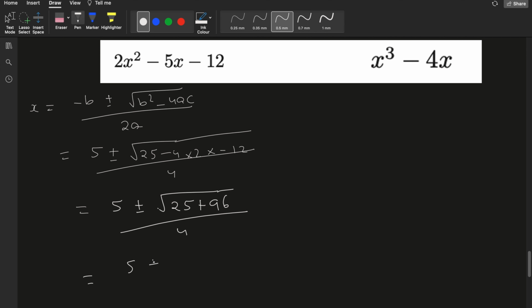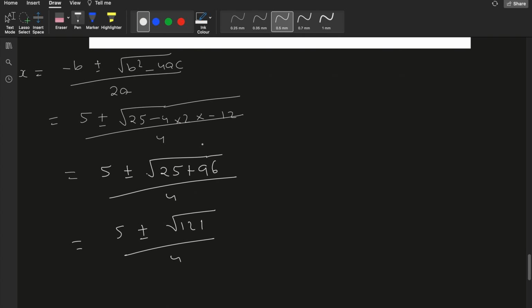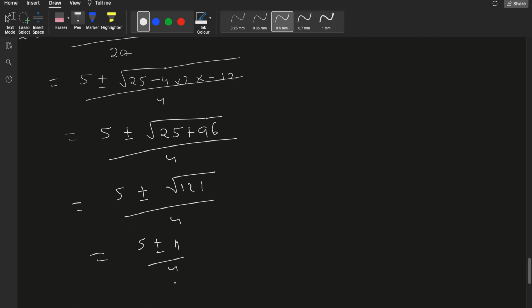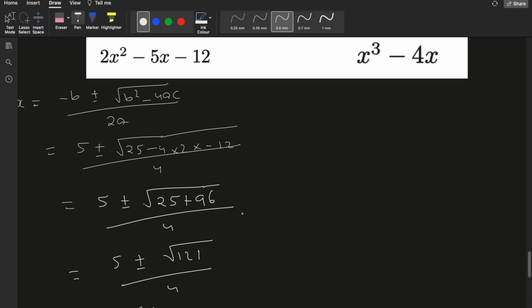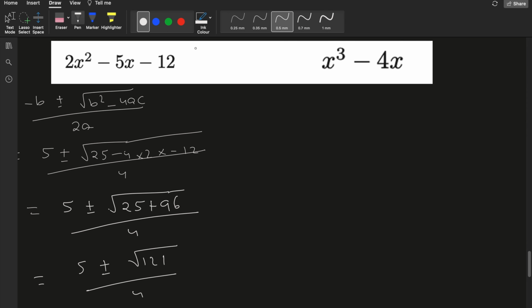So this is 5 plus or minus the square root of 121, divided by 4, and the square root of 121 is 11. Therefore, the solutions or the roots of the equation are minus 3 by 2 and 4. So these are the solutions of this equation.